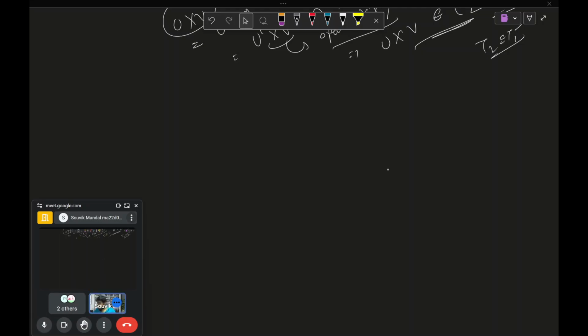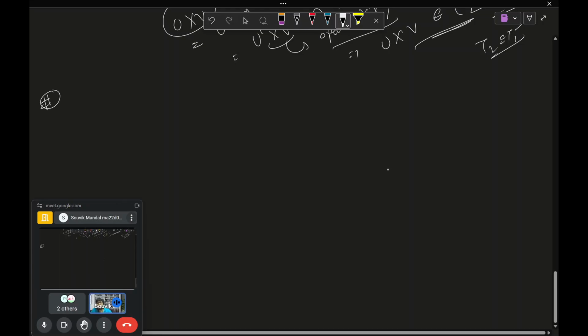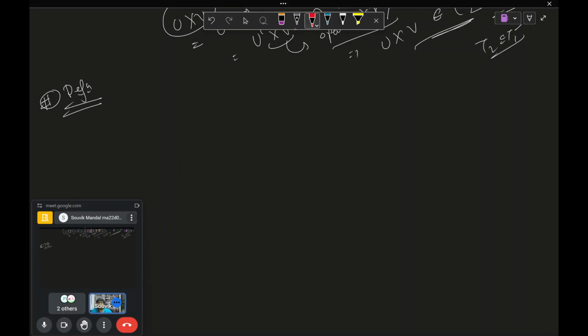Okay. So first definition is closed set. A closed set is defined as the complement of an open set. I mean, there is nothing to say.